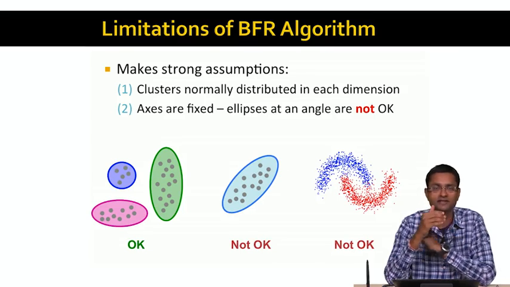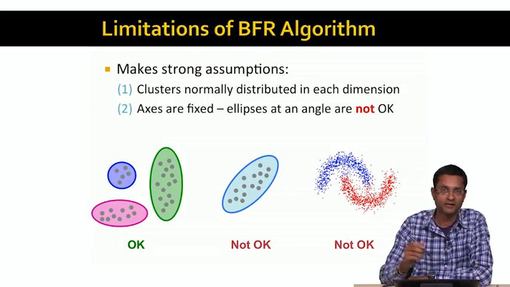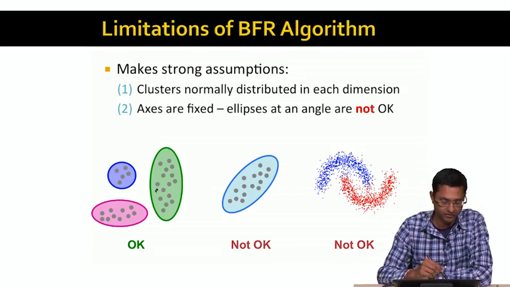So if you follow both these assumptions, that the clusters are normally distributed in each dimension and the axes are fixed, the clusters discovered by the BFR algorithm have this cigar kind of shape that you see here on the left. It could either be a horizontal cigar shape or a vertical cigar shape or a circle, which is a limiting case of an ellipse.